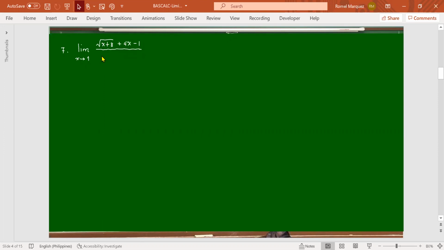And then in the denominator, we have square root of x minus x.